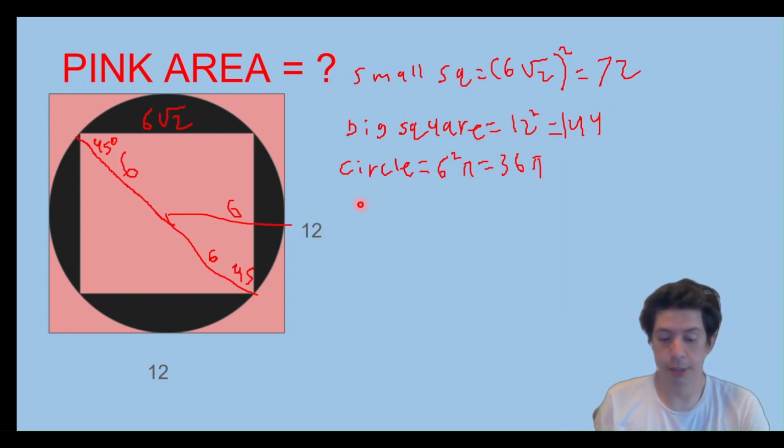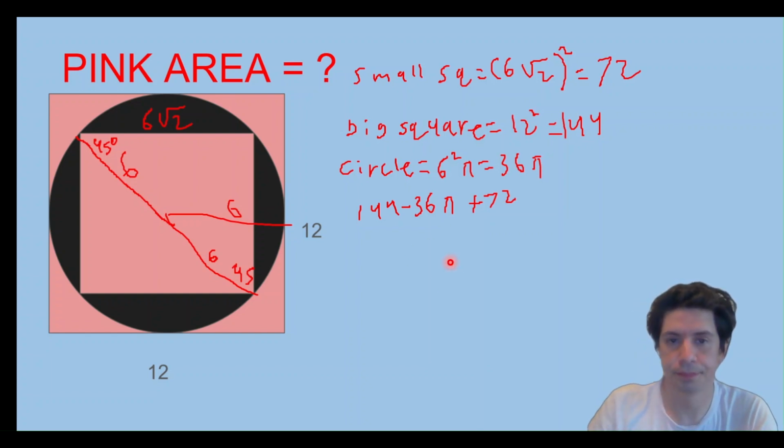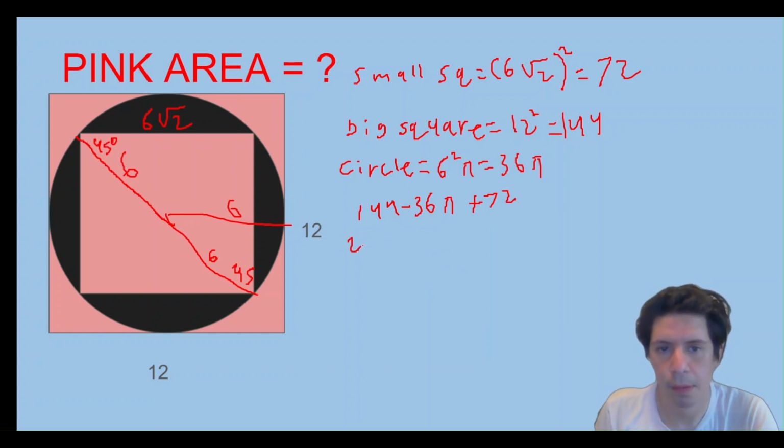That's what we'll do here. 144 minus 36 pi plus 72. That's going to get us 216 minus 36 pi. And that could be an answer.